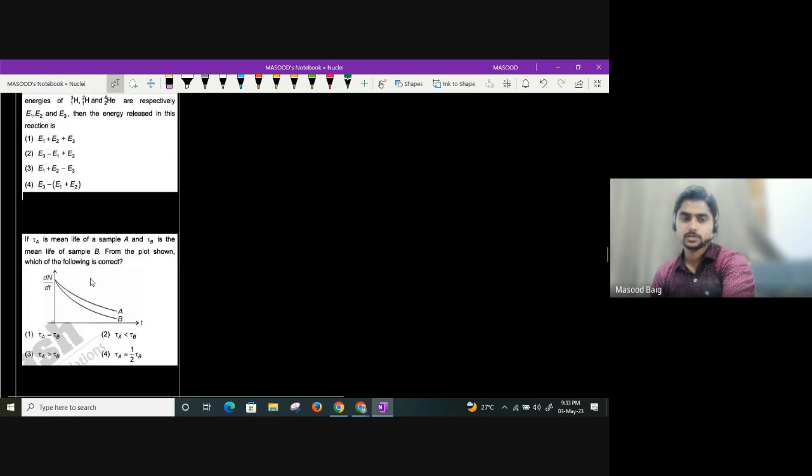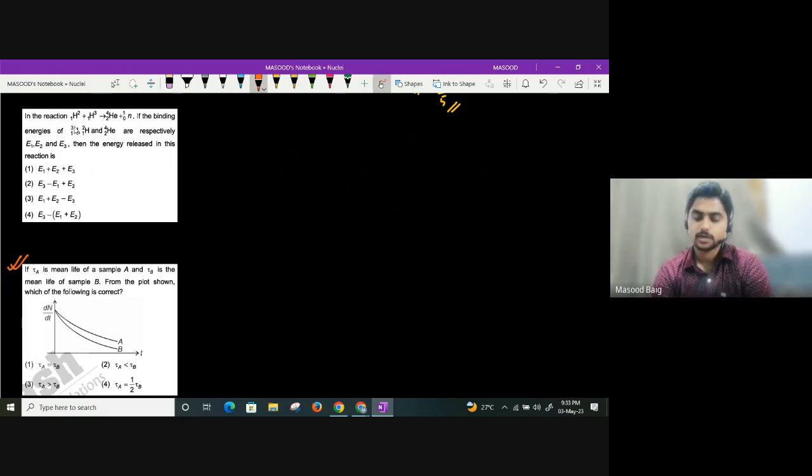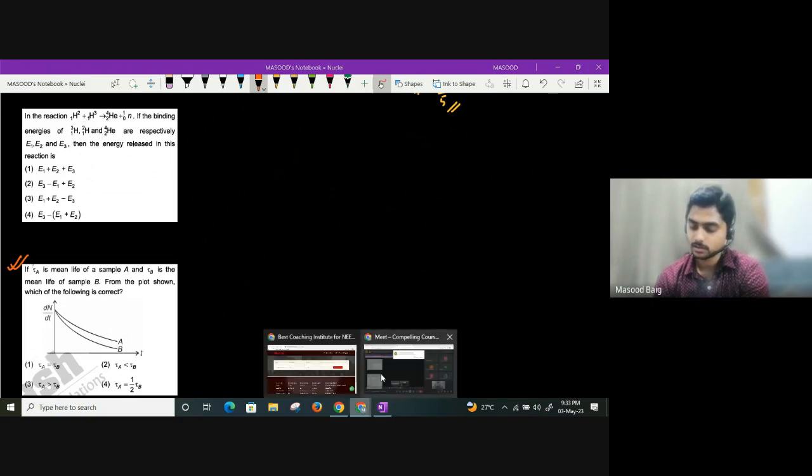Next case, if you see, again this already we have done. This question we have done already, so I think we can do this. H12, H13 is giving He24 and neutron, guys. If the binding energies are given, guys. So H13 it is given as E1, H12 is given as E2, and He.